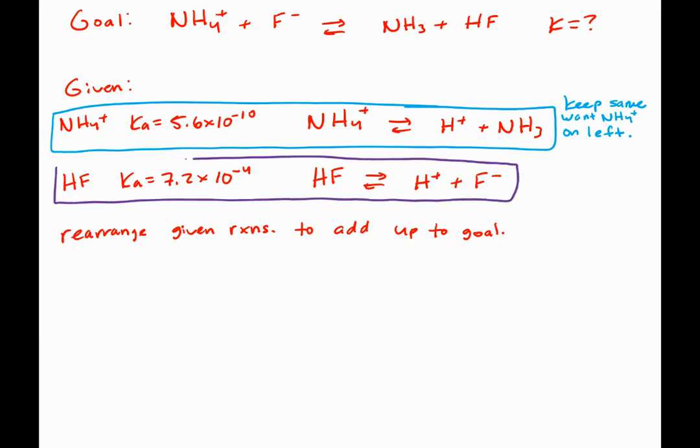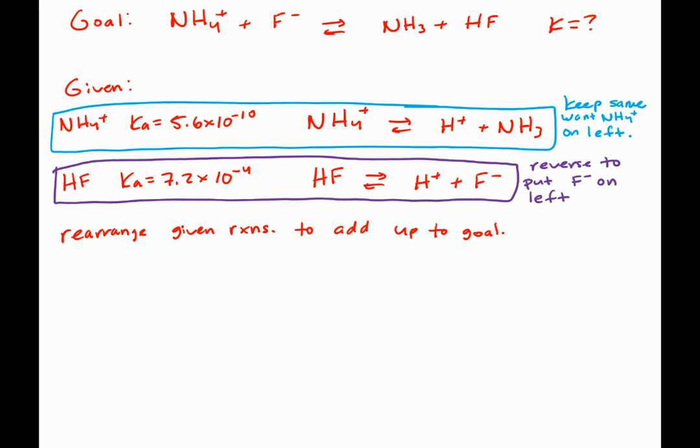So for this one, with the HF, we need to reverse to put F minus on the left. Or you could also look at it as saying that we want to have HF on the right-hand side. And if you reverse this, you put it on the right-hand side.